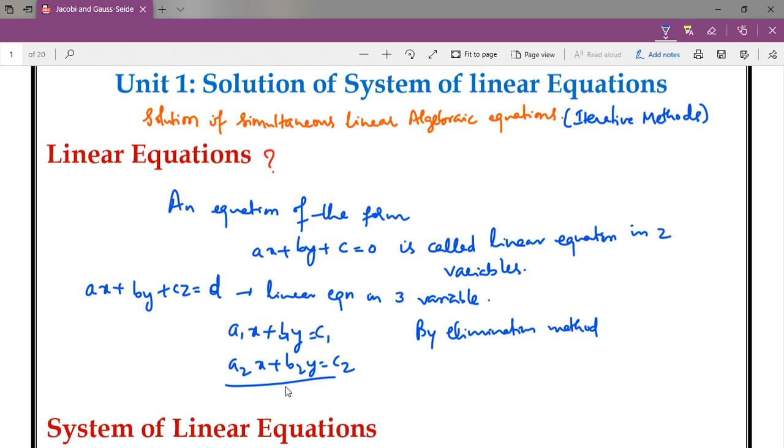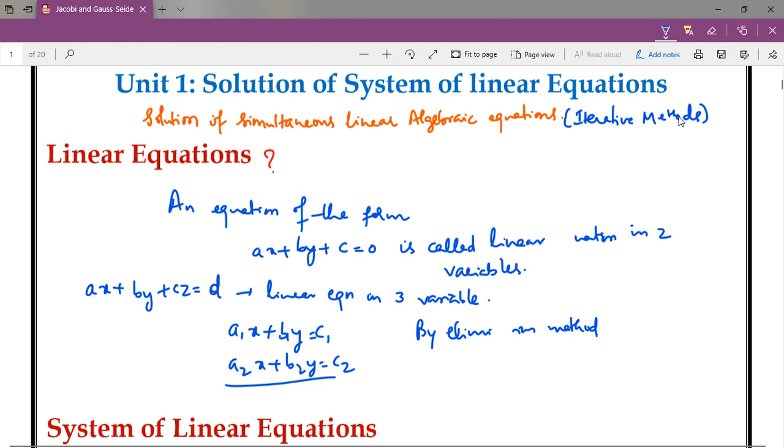We multiply this by a2 and this by a1, then we remove x. Then we get a value for y and we back substitute it and get the value of x. Or another method we have is cross multiplication method or Cramer's rule. So there are several methods to solve linear equations.